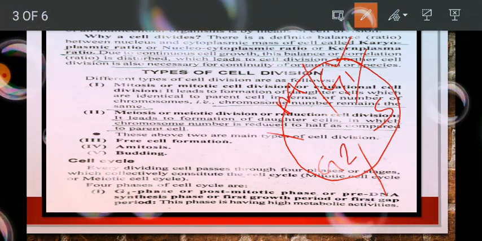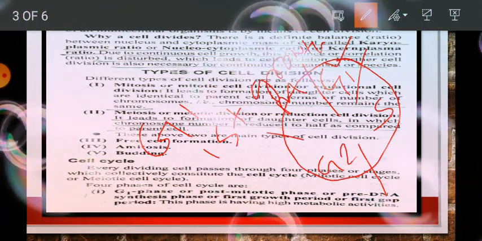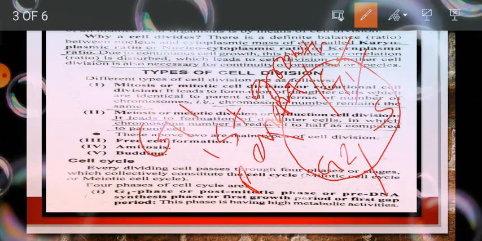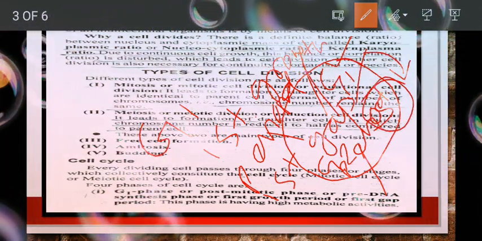The first one is the G1 phase, otherwise known as the post mitotic phase, or the pre-DNA synthesis phase, or the first growth period. G1 is the first growth period, or first gap period, because after G1 comes the S phase, the synthesis phase.